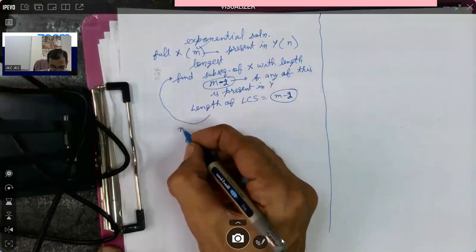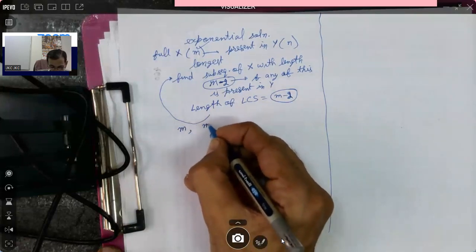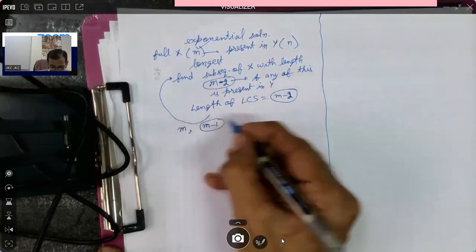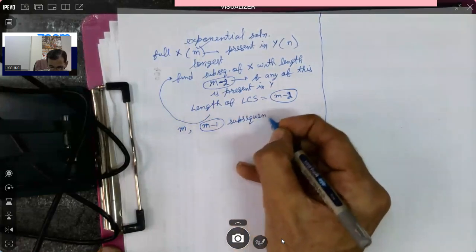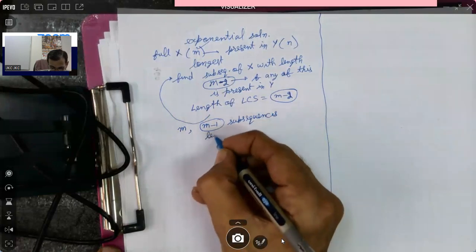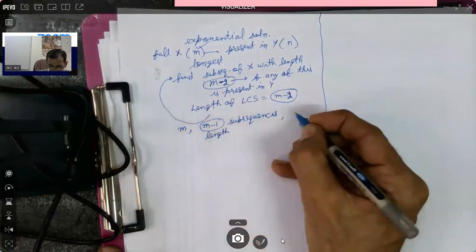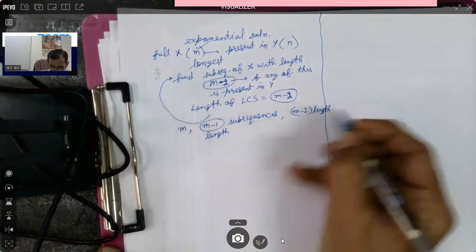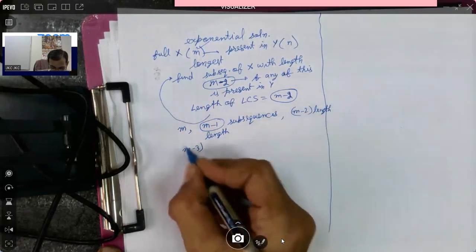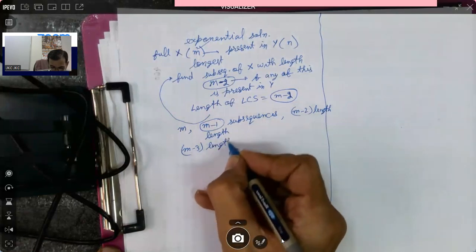So I need to find the length M, all subsequences of M minus 1 length, similarly maybe M minus 2 length, and similarly M minus 3 length, and so on.